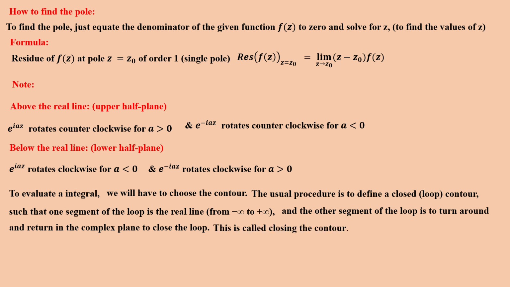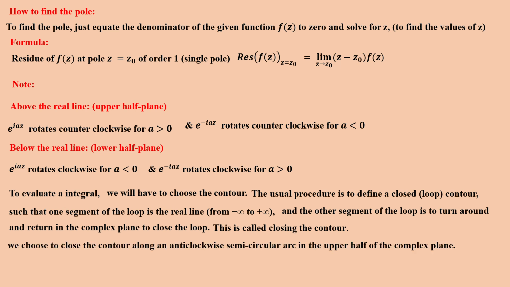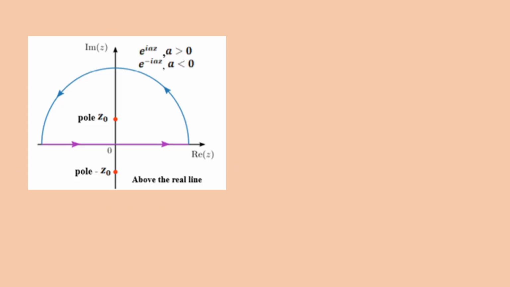This is called closed contour or closing the contour. We choose to close the contour along the anticlockwise semicircular arc in the upper half of the complex plane, like this.